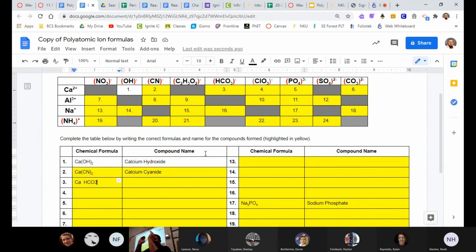I'm going to put parentheses on that and get all 2 on there, okay? So calcium is going to give 2 to the bicarbonate, and the bicarbonate is going to give 1 to the calcium, so we don't need to write that 1 on there. Again, make sure we're doing subscripts. And then we have calcium bicarbonate.